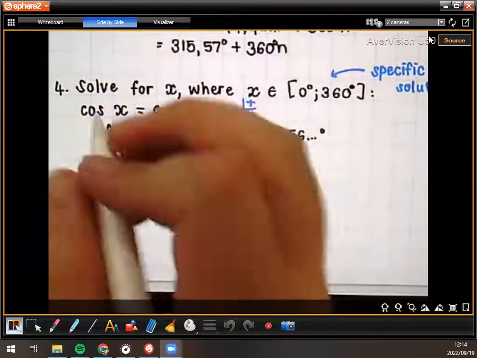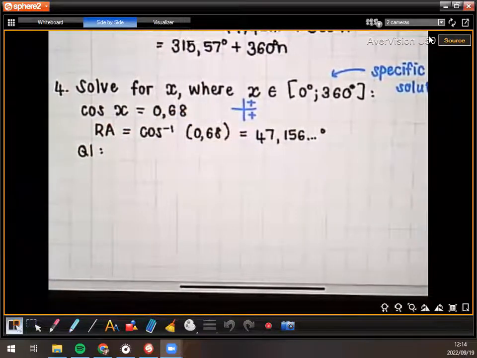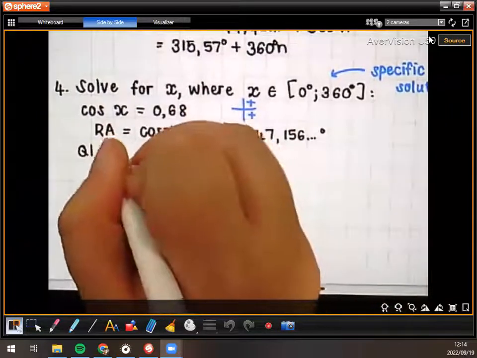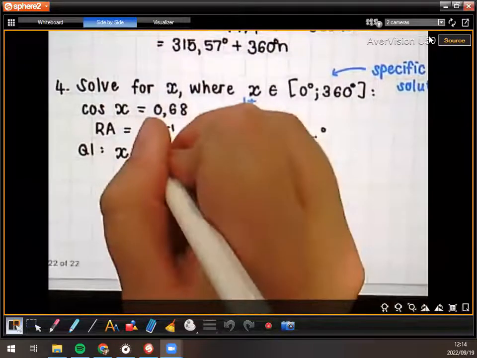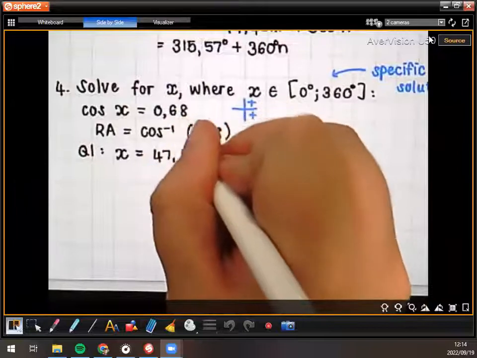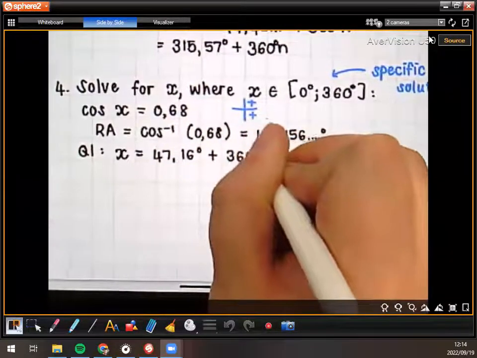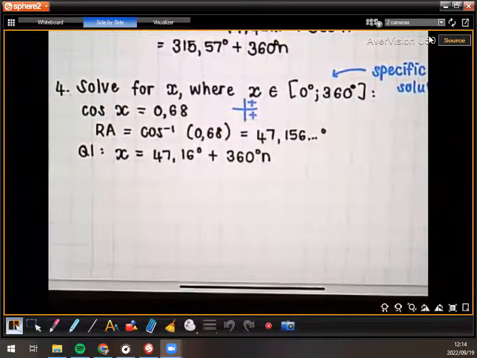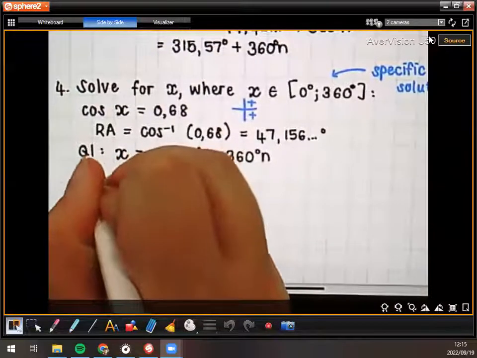Okay, that's the reference angle. We're going to find our quadrant 1 general solution. In the first quadrant, we just use the reference angle, right? So it's just going to be 47.16 degrees plus 360n. And guys, we haven't done tan yet. We're going to do tan tomorrow because it is slightly different. So that's the first quadrant solution.